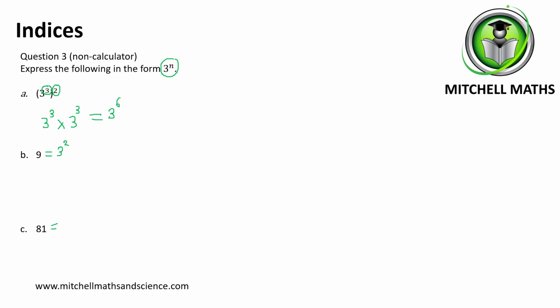And then we've got 81. We know if we do 3 times 3 times 3, that gives us 27. Then we multiply it by 3 again. If you didn't know this off the top of your head, you just use the normal method you usually use for long multiplication.